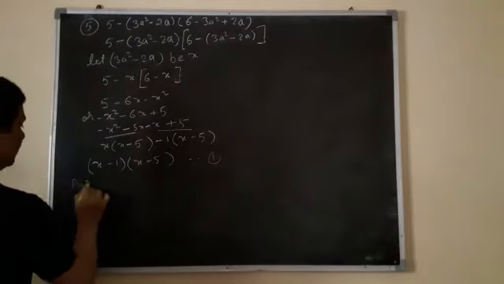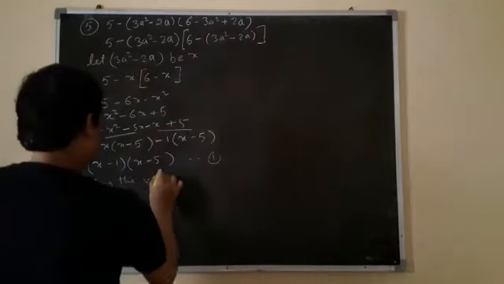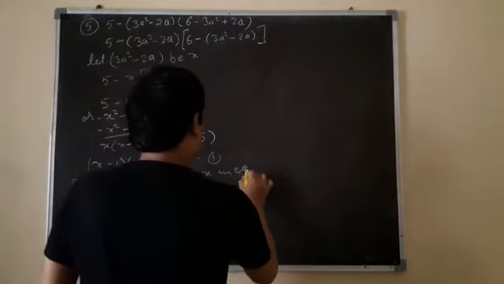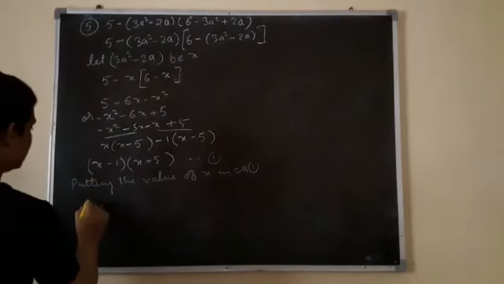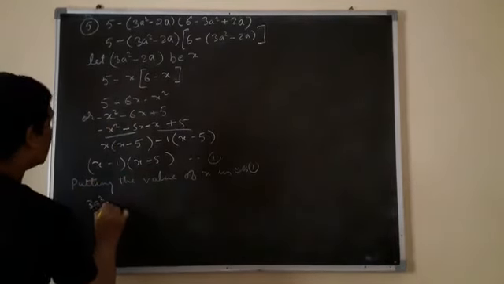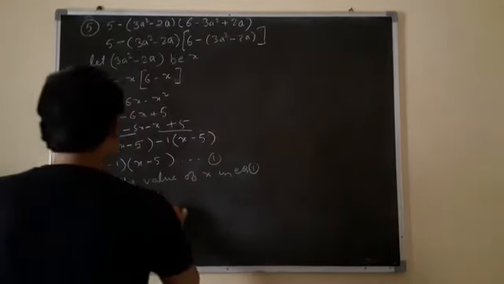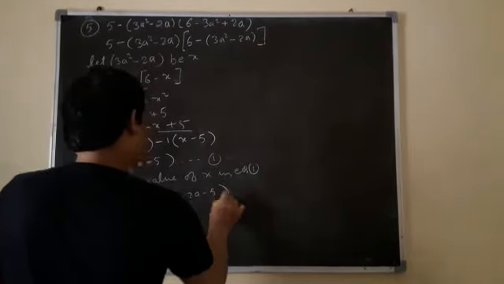Now by putting the value of x in equation 1, let us put their value. What is the value of x? 3a square minus 2a minus 1, and this side 3a square minus 2a minus 5.